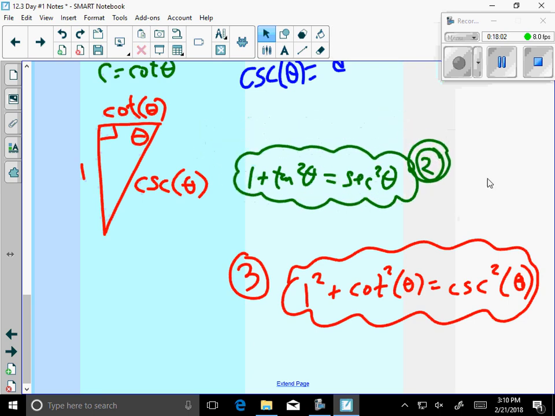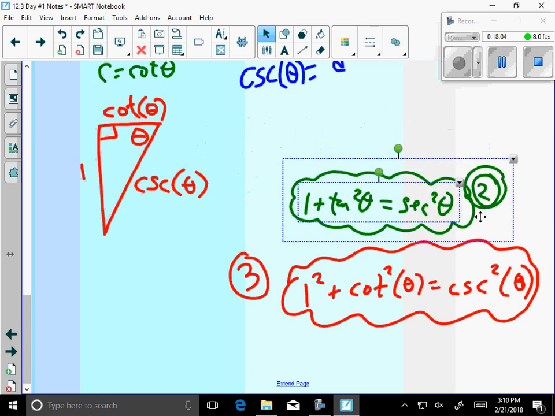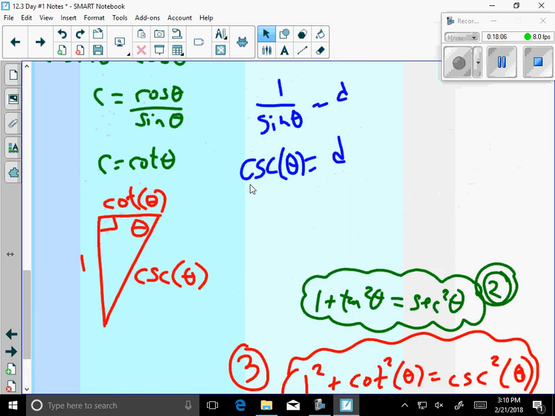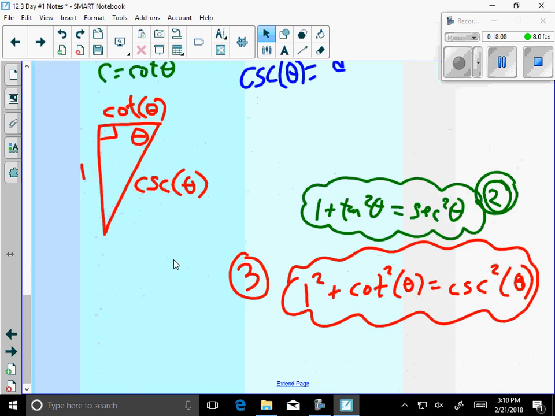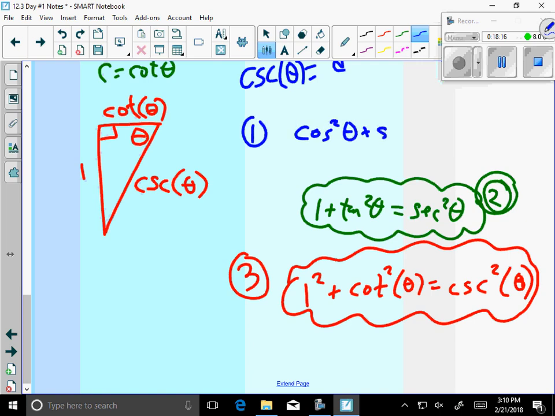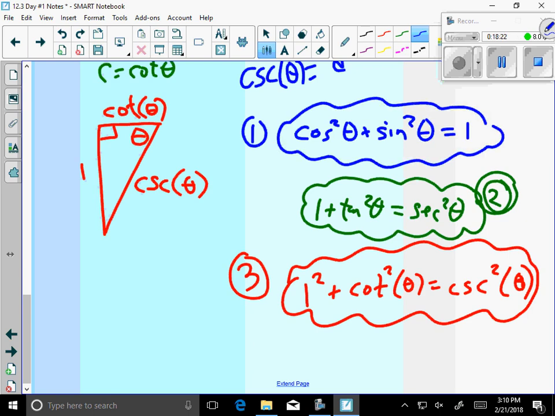Okay, I'll just leave it like that, even though it's going to bother me and you. I know it will. That's identity 2. And identity 1, I'm not scrolling all the way back up. I'll just rewrite it. Identity 1, just for symmetry's sake, cosine squared theta plus sine squared theta equals 1. Those are absolutely critical for next chapter, not this one.